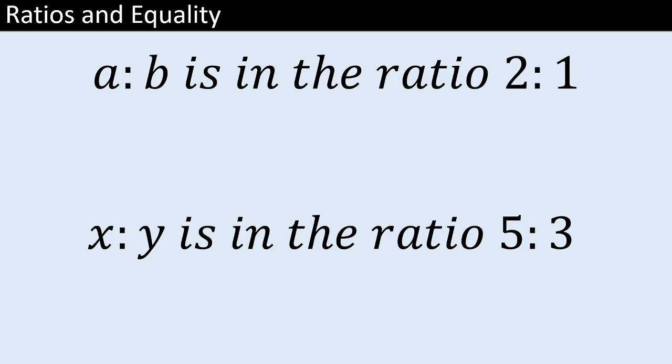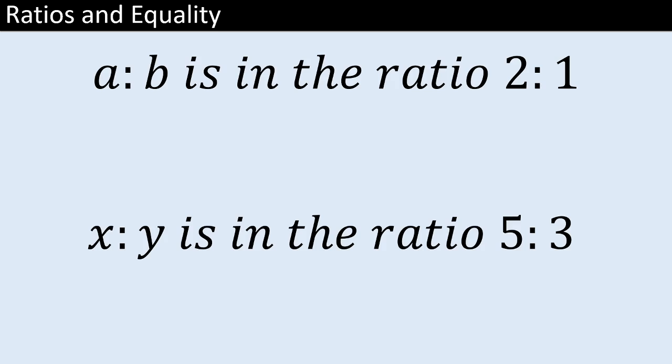So, let's say we've been given 2 different amounts, an A and a B. We're going to deal with algebraic terms for this. Okay. And I said that it's in the ratio of 2 to 1. We would want to think about how can I make these 2 parts of the ratio equal.